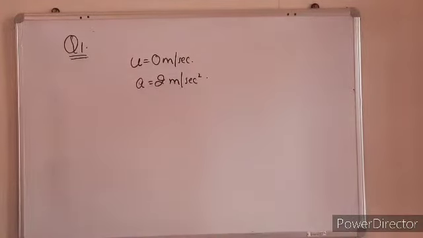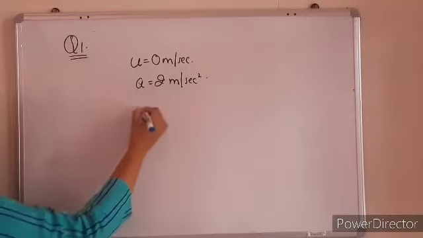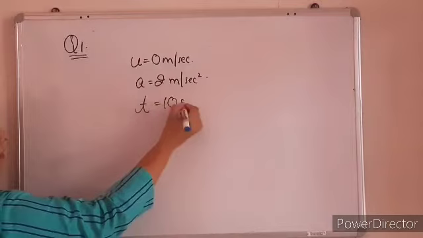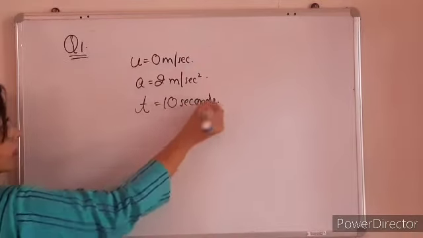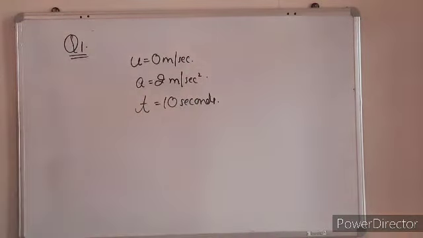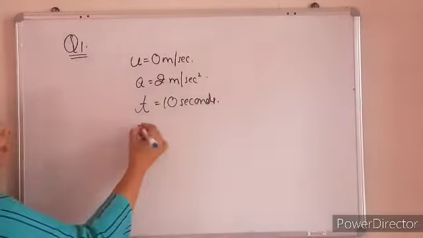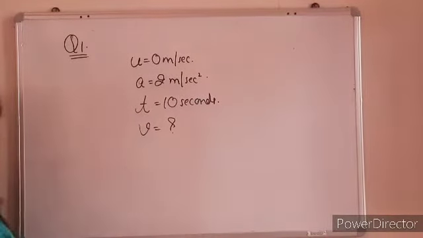For how much time? For 10 seconds. So we can take t is equal to 10 seconds. We have to find the final velocity of the cheetah.